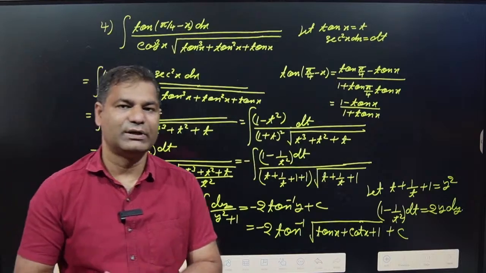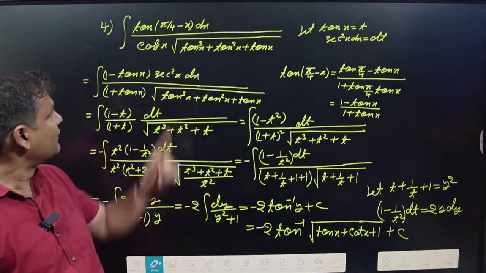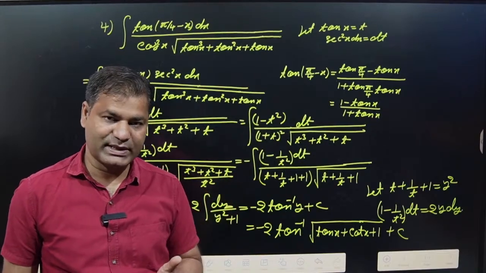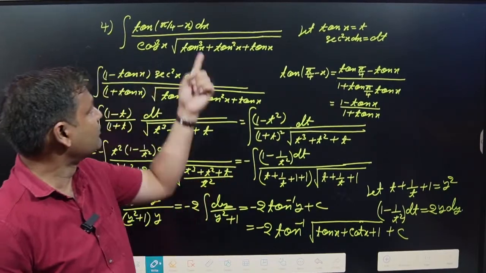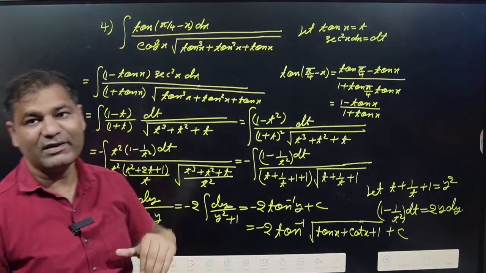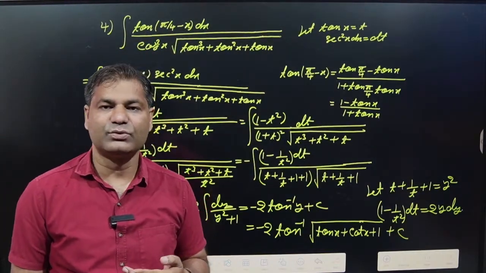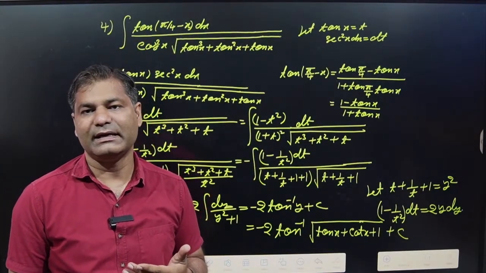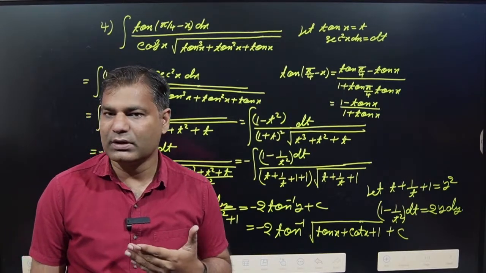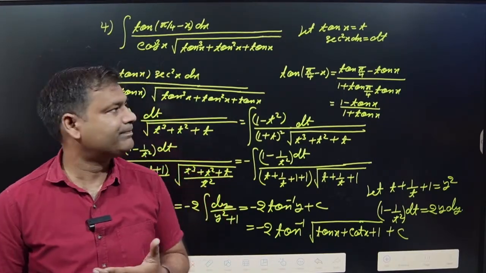So how can we convert? Look here, 1 by cos square is written as sec square. So here sec square x dx, and tan of pi by 4 minus x is replaced by the formula of tan a minus b, which is tan a minus tan b upon 1 plus tan a tan b.